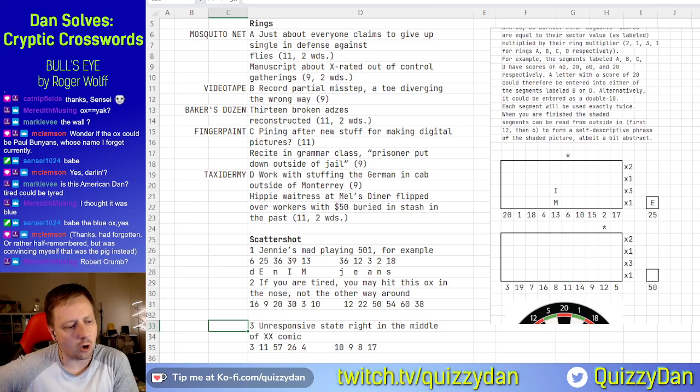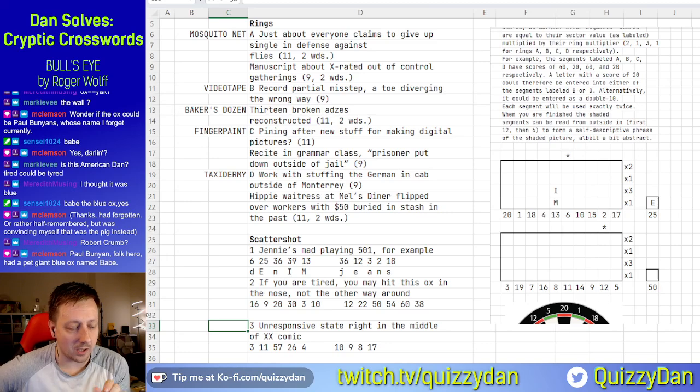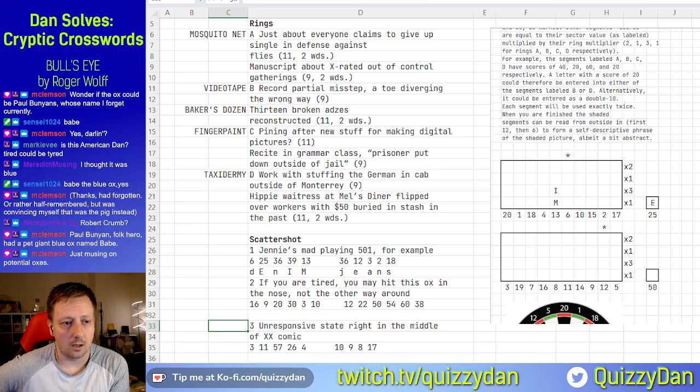Comic. Unless okay, an unresponsive state is a coma and then right is R. Is it going to be coma R in the middle of something and we get a comic? Someone mark?